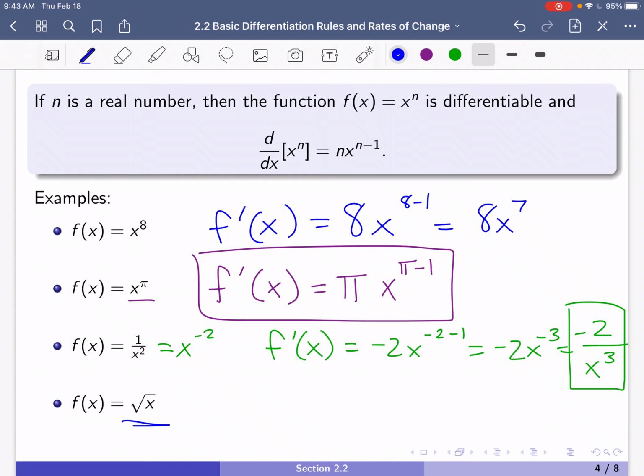We also have something like this where we have a square root of x. Again, we can use our algebra rules, rules of exponents, and say, how do we rewrite a square root as an exponent, as a power? Well, that is x to the 1/2 power. And so we haven't taken a derivative yet. That's just rewriting it. And so now when we take our derivative, what do we do? We take the power, we bring it down in front, and then we subtract 1 from the power.